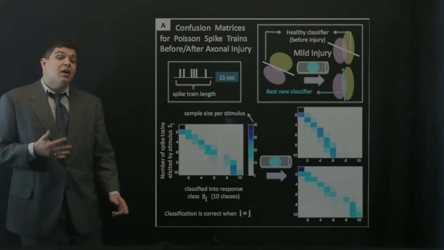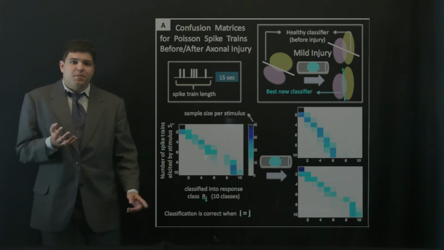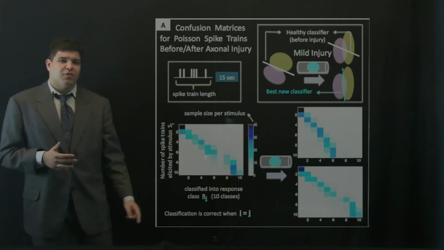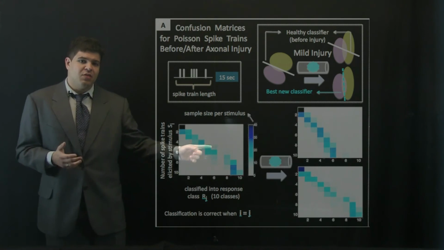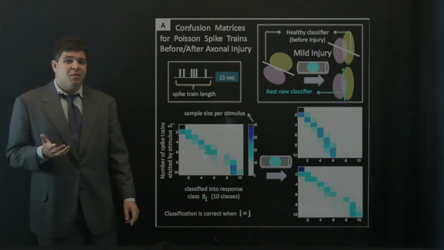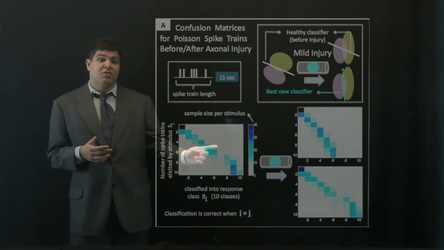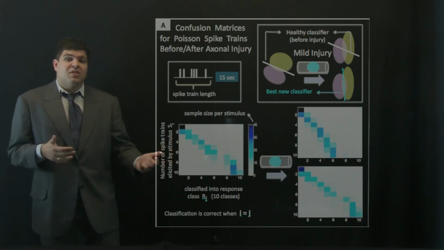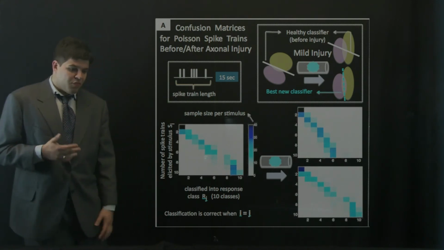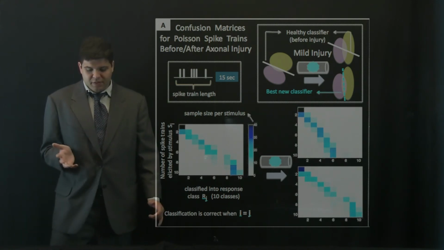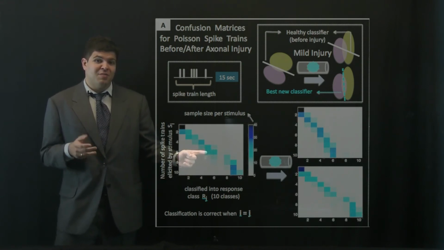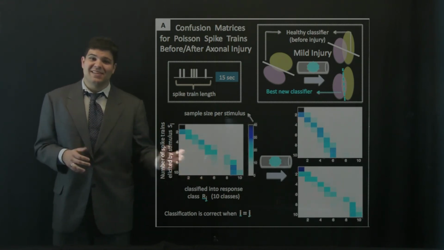And before injury, we get somewhat of a diagonal structure. So what does it mean? Well, it means that if you pick a spike train, let's say that was generated by a Poisson process of intensity 6, most of the time it's classified as a Poisson train of intensity 6, although sometimes it might be confused as an intensity of 5 or an intensity of 7.